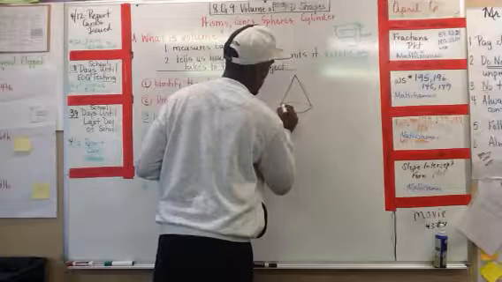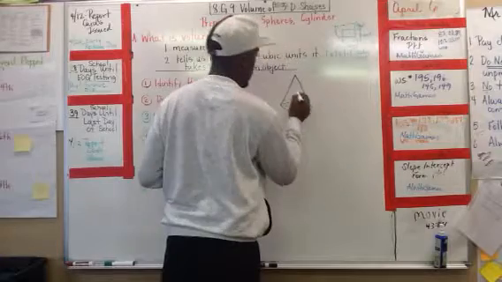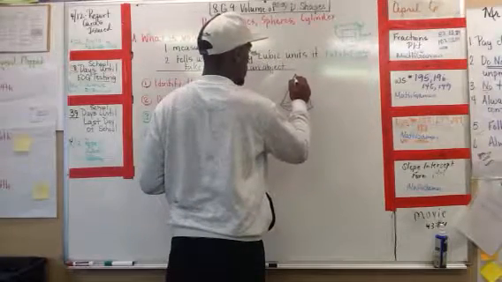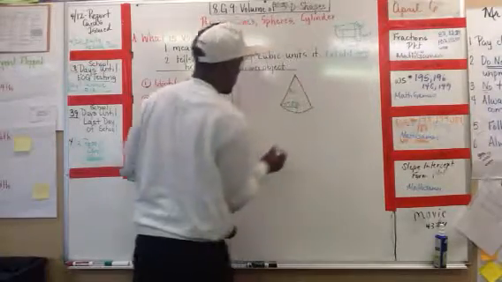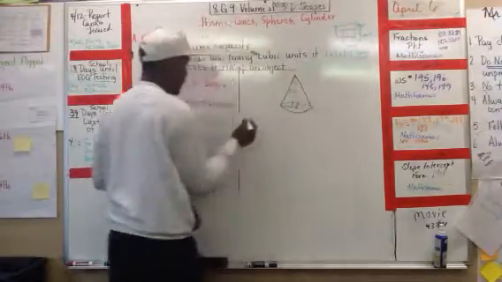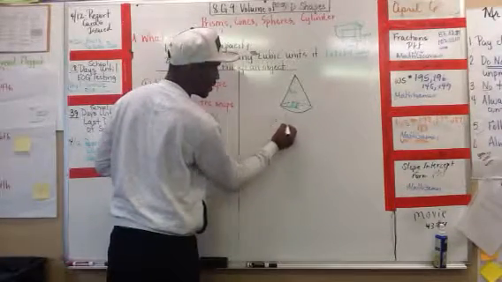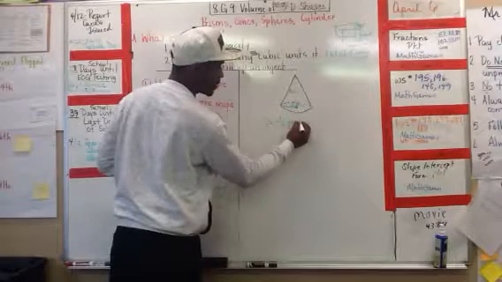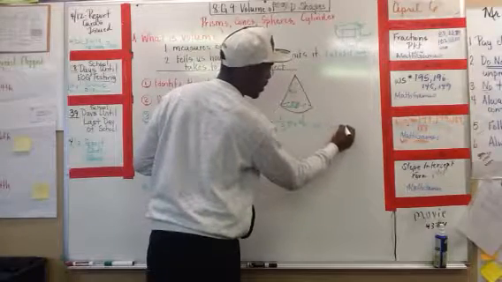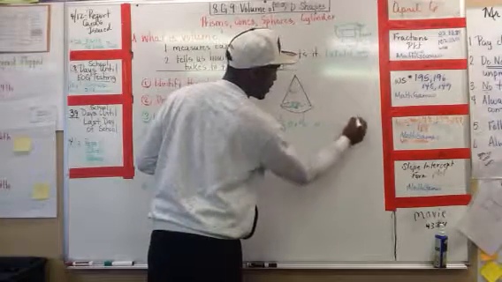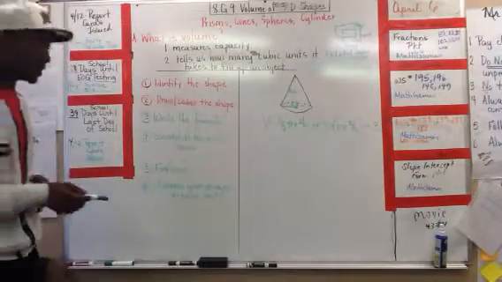Okay. I'm going to give you a radius of 2.5 inches. I'm going to give you a height of 5 inches. This is a cone. The formula for volume of a cone is 1/3 pi r squared h, or V equals pi r squared h divided by 3. Because multiplying by 1/3 and dividing by 3 is the same thing.